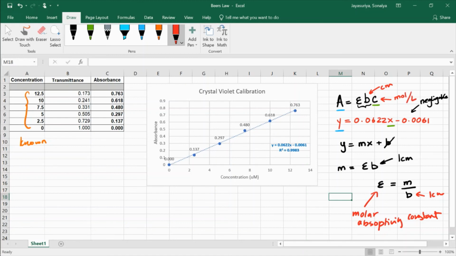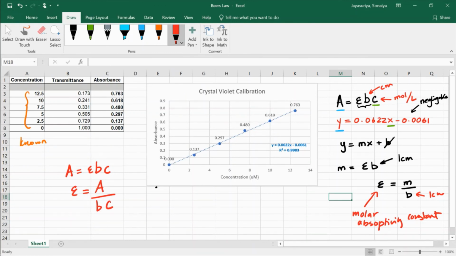Absorbance does not have a unit, okay? So if you just solve your Beer's law for epsilon, epsilon equals b c, I'll just say E because it's easier, then this would just be A over b times c.